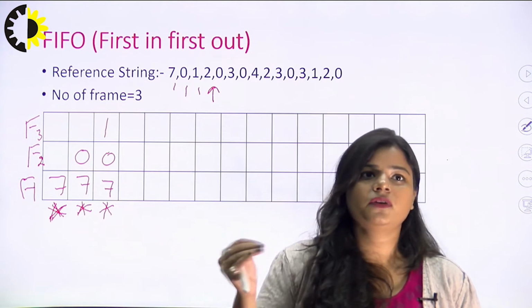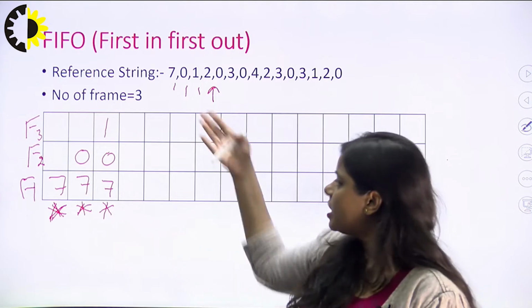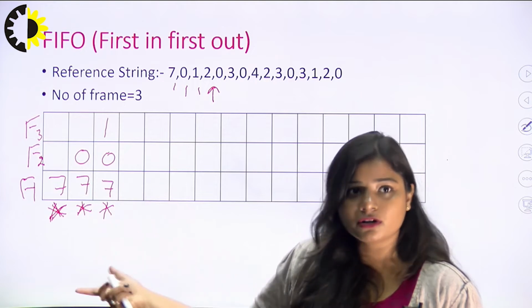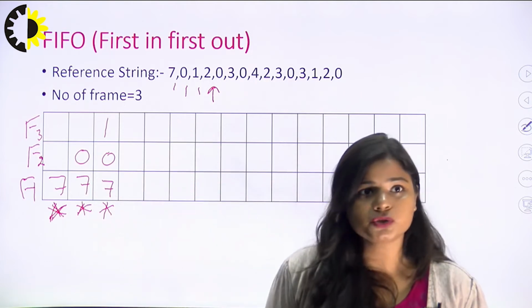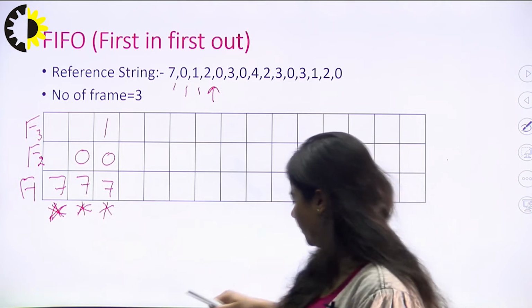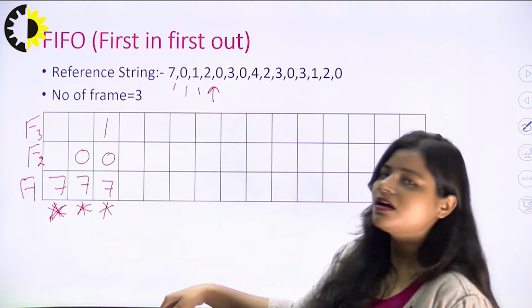Okay. Now 2. We are having 2 for the next execution, and right now all 3 frames are full. Here the FIFO will come into the frame. Which algorithm will we use to choose whether 7, 0 or 1 will be removed? We are using FIFO, meaning first in first out.